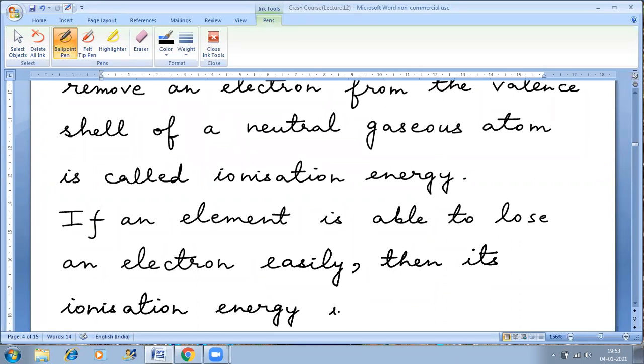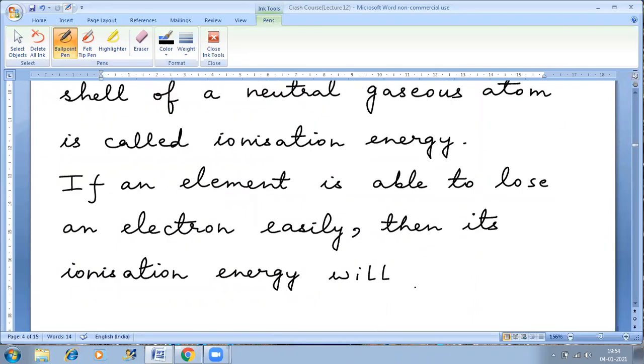Means if I have to remove one electron from an element, I supply some energy. That is called ionization energy. But if it is able to lose the electron easily, that means I only have to supply a small amount of energy to take out the electron. Why? Because the element is ready to lose its electron. I don't have to spend a lot of energy or a lot of effort. So the ionization energy will be low if the element is able to lose its electron easily.